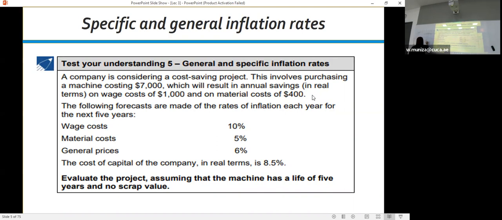Students, if I make any mistake, please let me know. 572. Okay. Are you getting the same discounting factors?